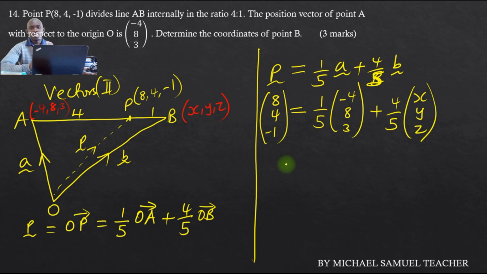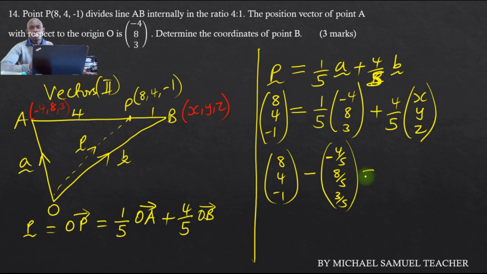So here we have (8, 4, -1) minus (-4/5, 8/5, 3/5) will be equal to 4 over 5 (x, y, z).